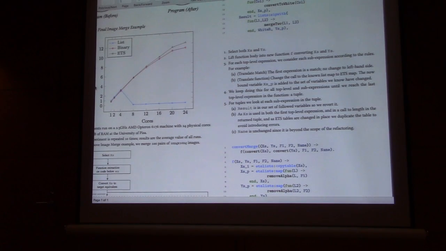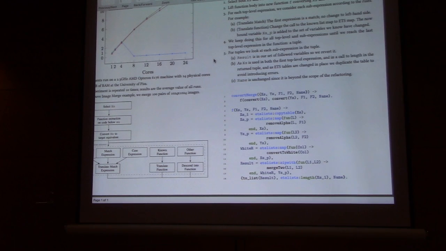Sorry, could you let me explain? I think it's two different stages. The first one is just a simple sequential refactoring from sequential code to another sequential code. So you used lists before, and then in the same code you are using ETS tables just as storage. It's still sequential code.